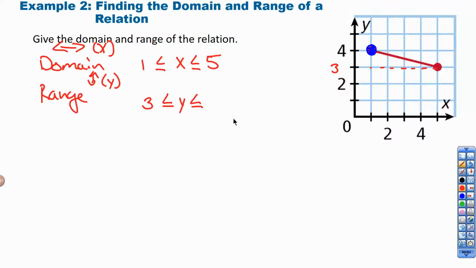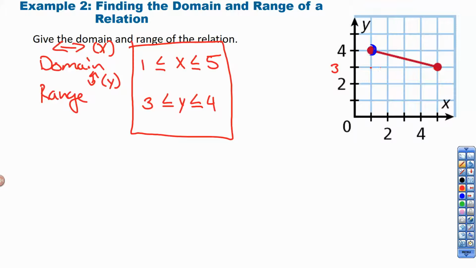What is our largest y, Sam? 4. So that's our domain and range. This is how they want you to write that. So all those points in between.